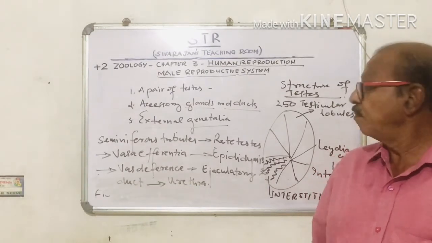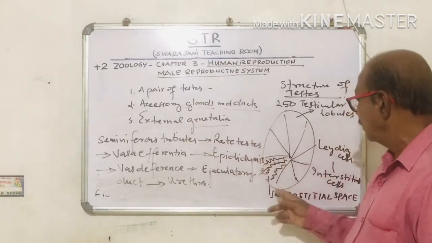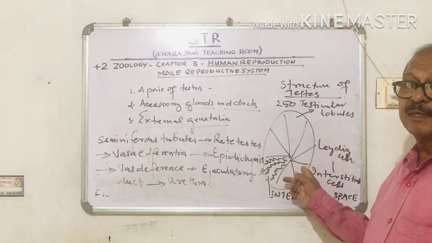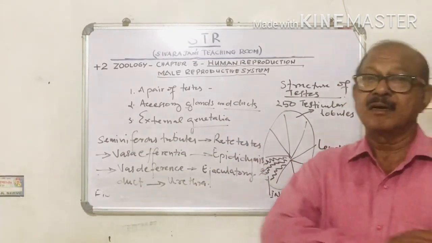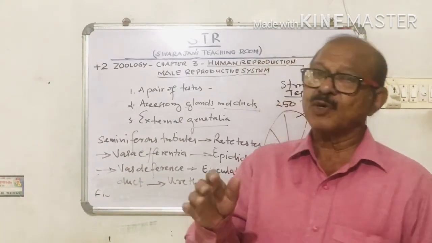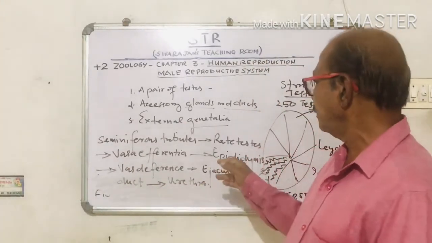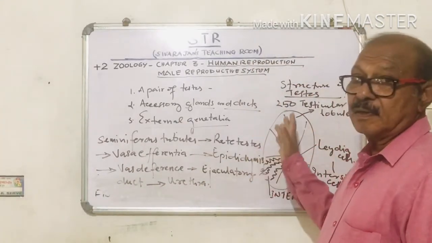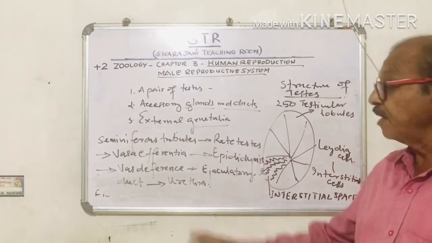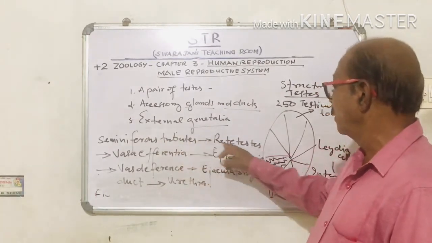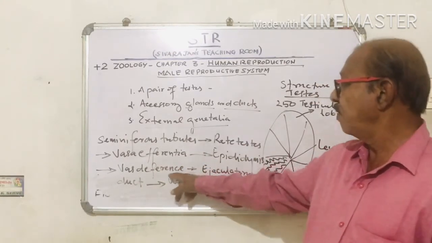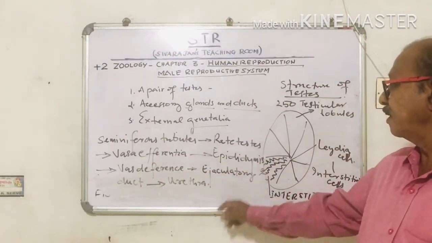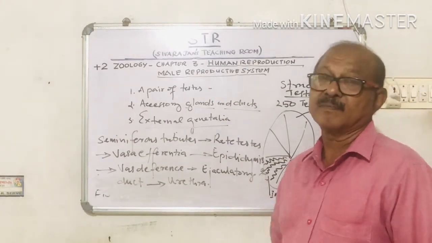I hope, my dear students, you have understood the structure of the testis and the ducts connected with this, and the path of movement of sperms in a flow chart. So again, what is the flow chart? Seminiferous tubules, rete testis, vasa efferentia, epididymis, vas deferens, ejaculatory duct, and urethra.